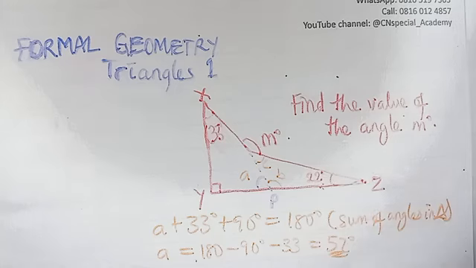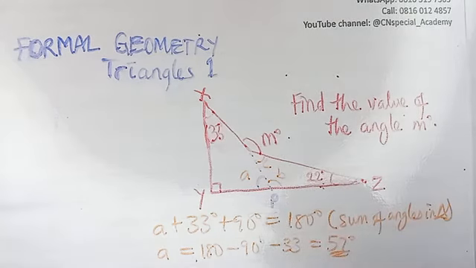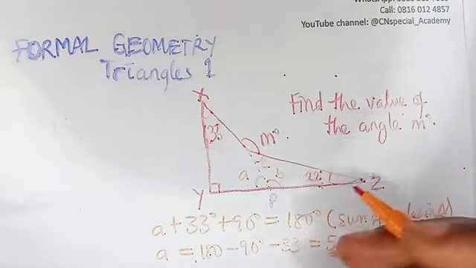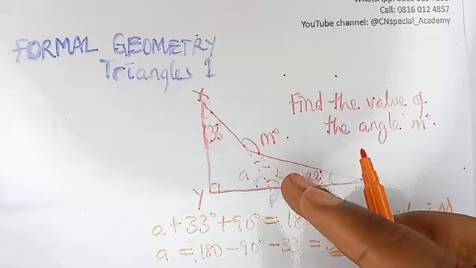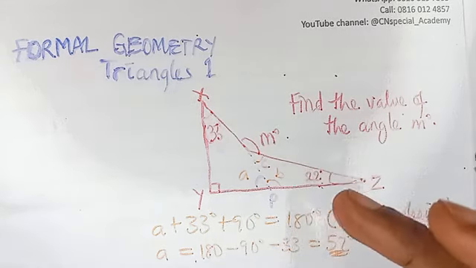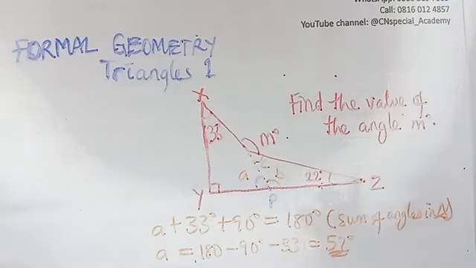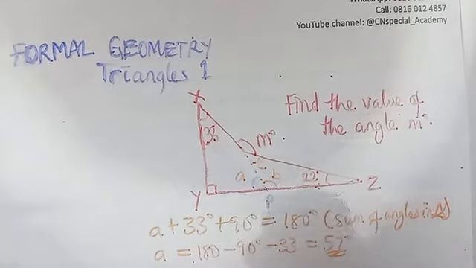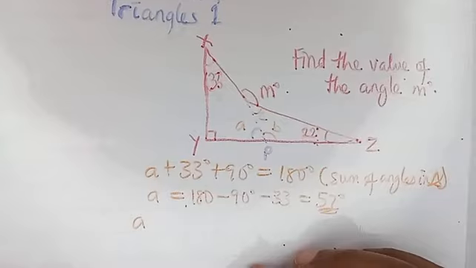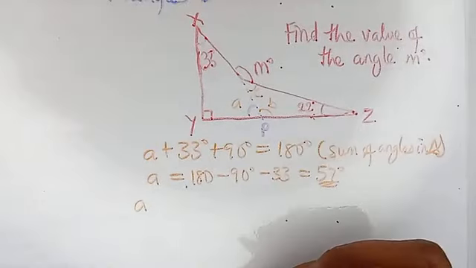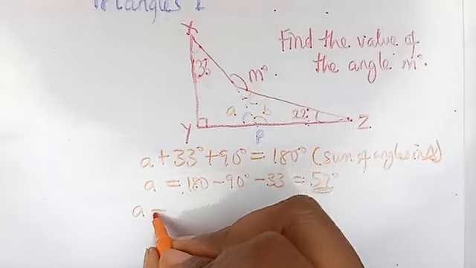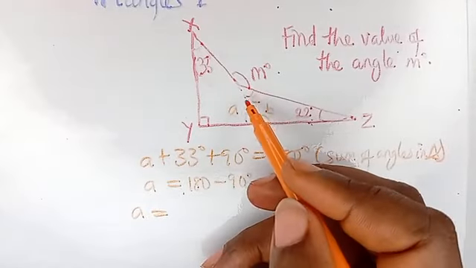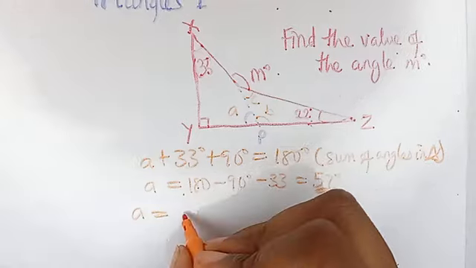So let's just start from this so we can make use of the theorem called sum of angles, that the exterior angle of a triangle is equal to the sum of the opposite interior angles. So we are going to have that angle A is equal to, as this is the exterior angle, the sum of the opposite interior angles, C plus 22.